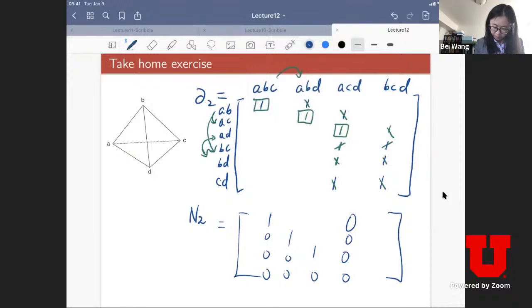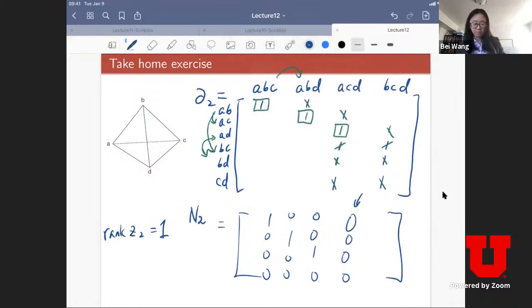Right, this is how it looks. So remember again, the number of empty columns is going to be the rank of Z2. So the rank of Z2 is now equal to 1, right? Because it's one empty column. And then the rank of B1 is equal to 3 because it's the number of non-zero rows.